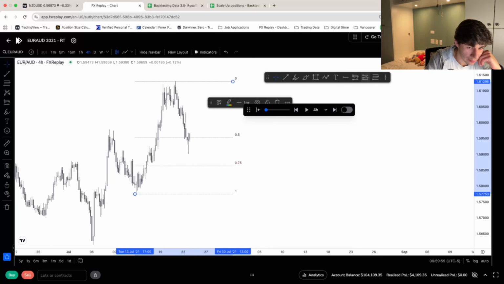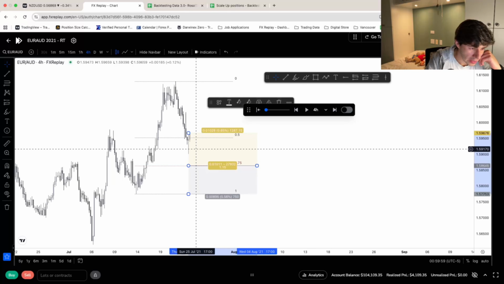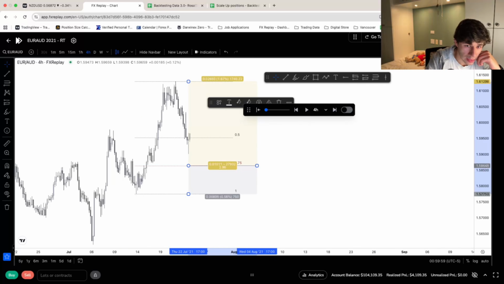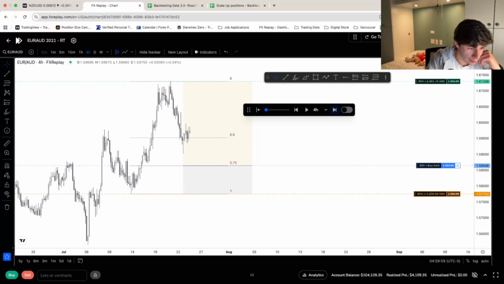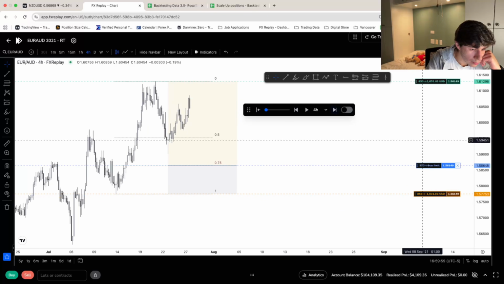Taking this, not being so picky. Padded structure, padded trade. Canceling that.